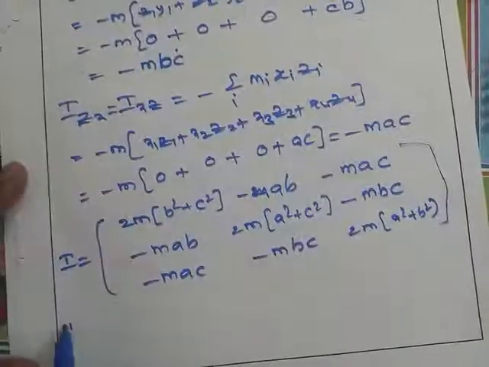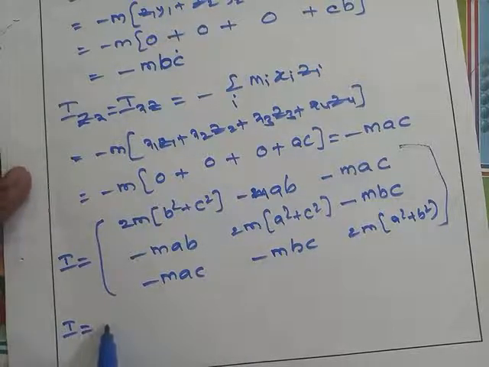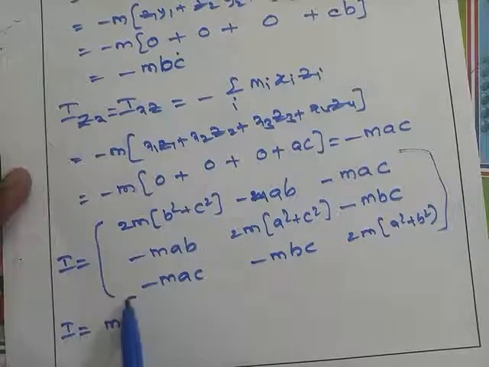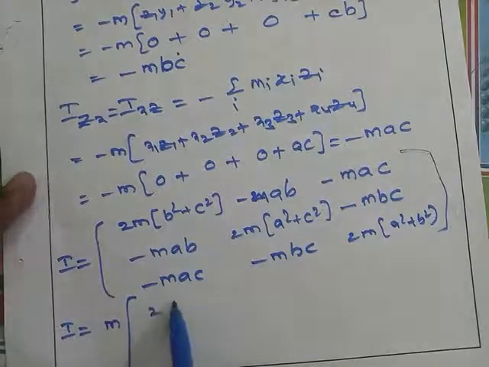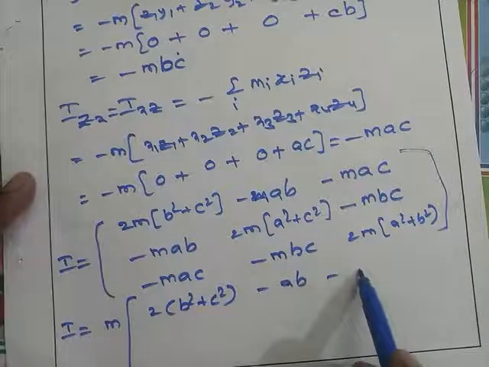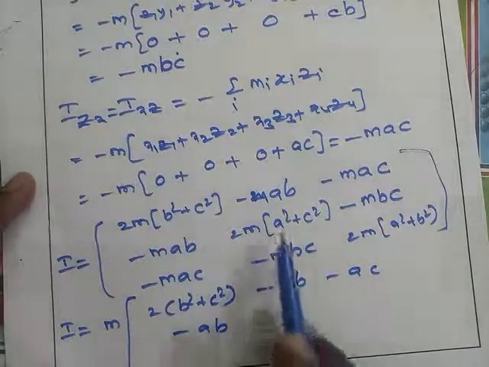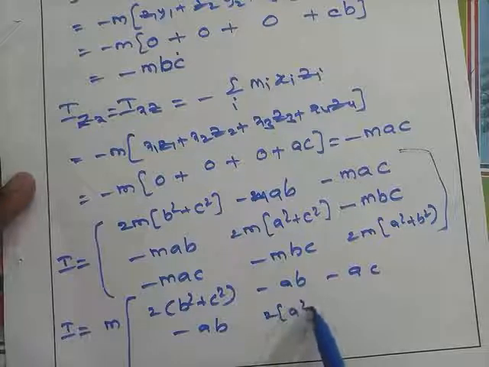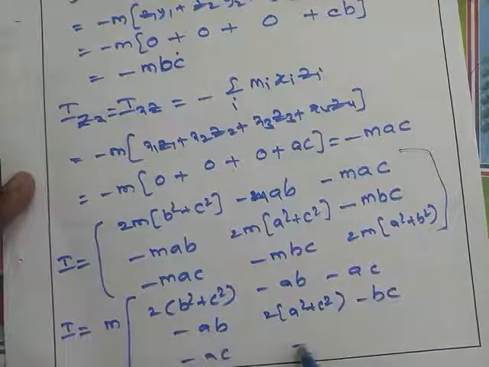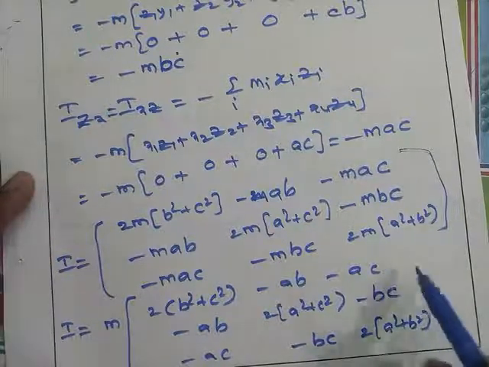From this equation take the constant terms outside, writing m outside, see what we get. We have 2 into b square plus c square, minus ab, minus ac; minus ab, 2 into a square plus c square, minus bc; minus ac, minus bc, and 2 into a square plus b square.